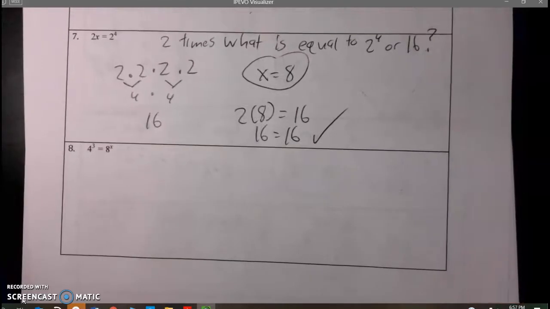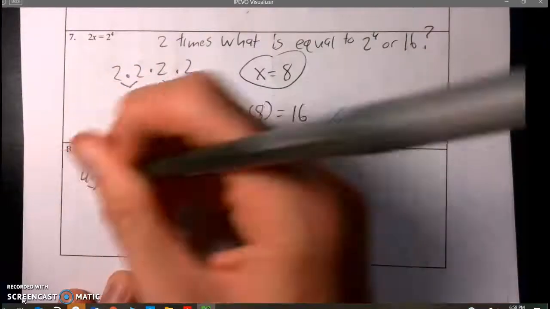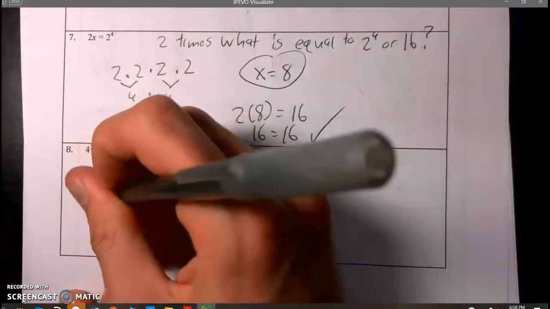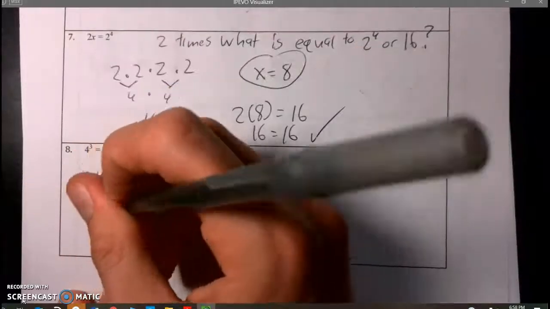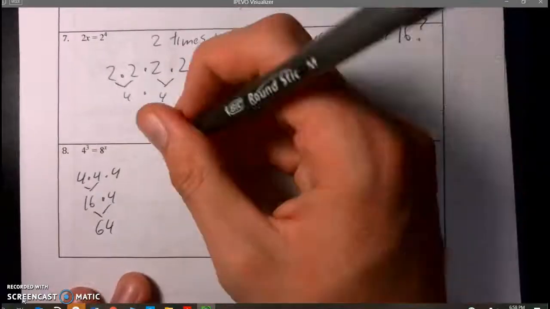All right, and 4 to the 3rd power is the same thing as 8 to what power? So once again, before we even write our sentence, since we don't know what 4 to the 3rd power is off the top of our heads, we should solve that first. 4 times 4 is 16, times 4 is 64. Okay, so this makes it a little bit easier now.